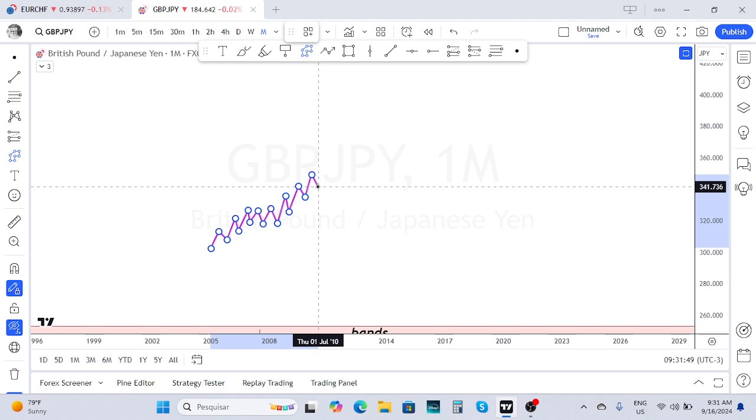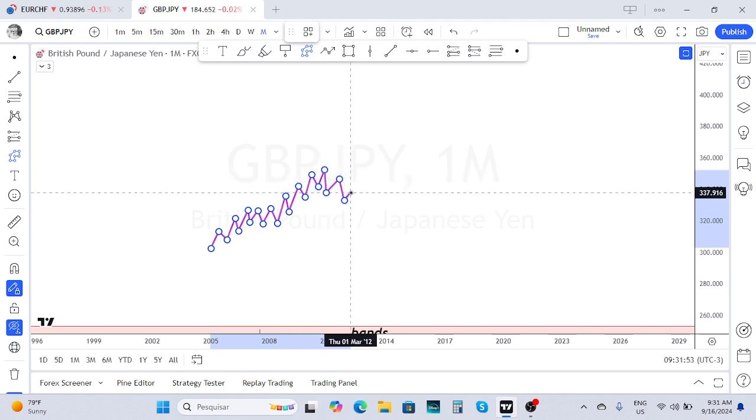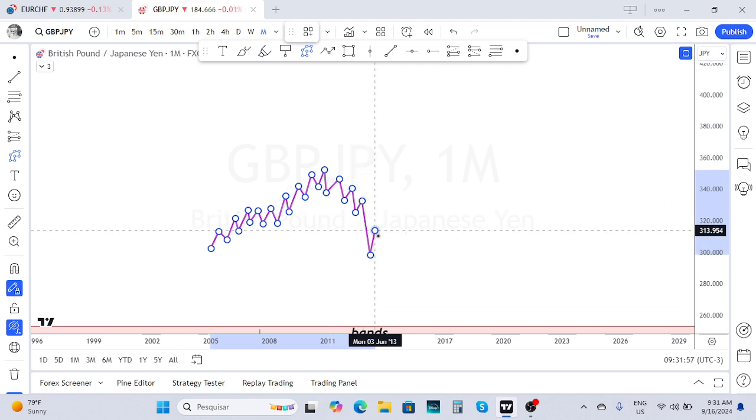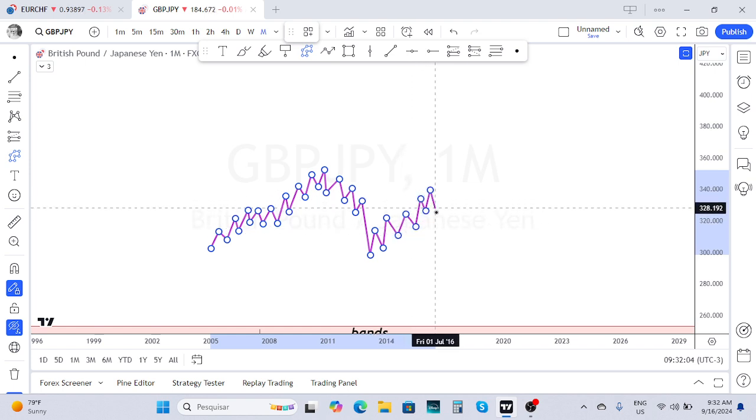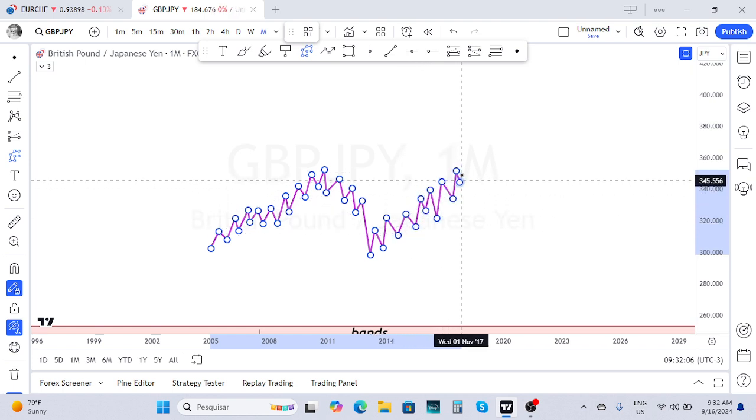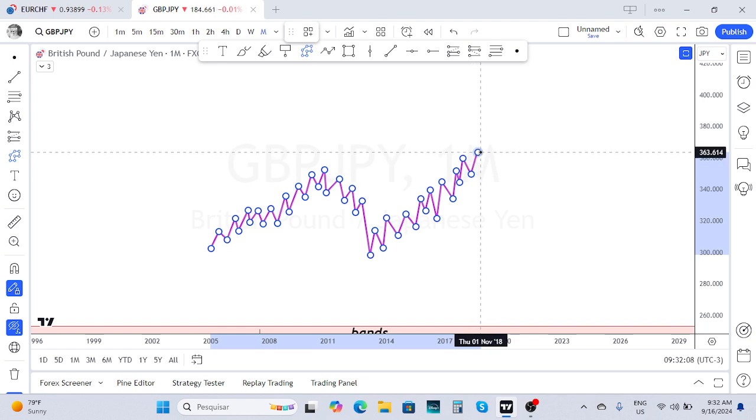Then later, we're going to see it start making lower lows right here. Lower lows, lower highs, lower lows, lower highs. Sometimes it's going to retrace again, start making higher highs, higher lows, higher highs, higher lows, higher highs. So it can do a lot of stuff.